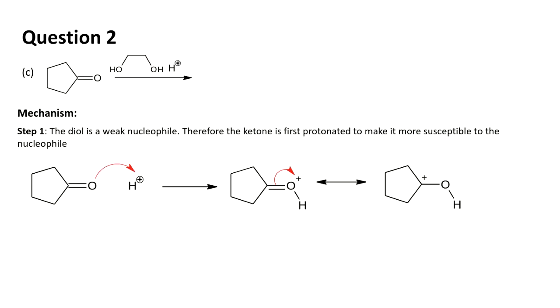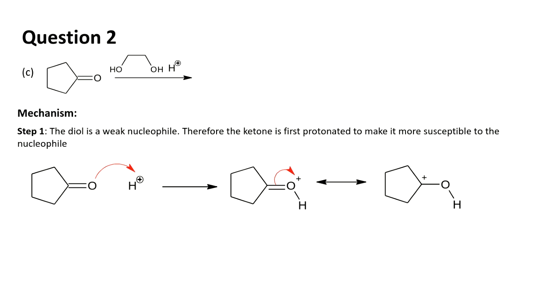All right, so part C now, you're asked to show the mechanism. And as I mentioned before, it is the same mechanism that would be used for part A, if you're asked to show the mechanism for part A. We mentioned before that alcohols are weak nucleophiles. And so we have to first protonate the ketone to make the carbon more susceptible to the nucleophile.